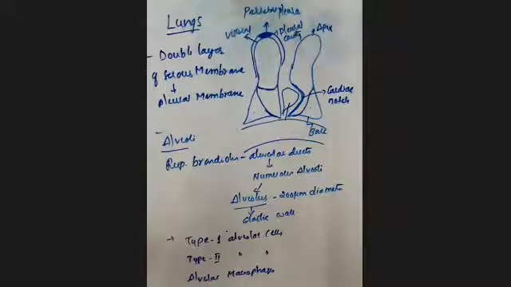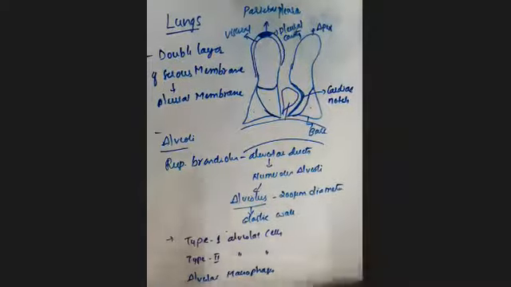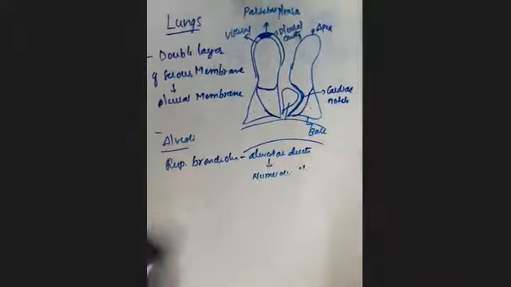Type 1 alveolar cells, type 2 alveolar cells and alveolar macrophages. We'll see one by one about these three different types of cells present in the alveoli. First, type 1 alveolar cells.